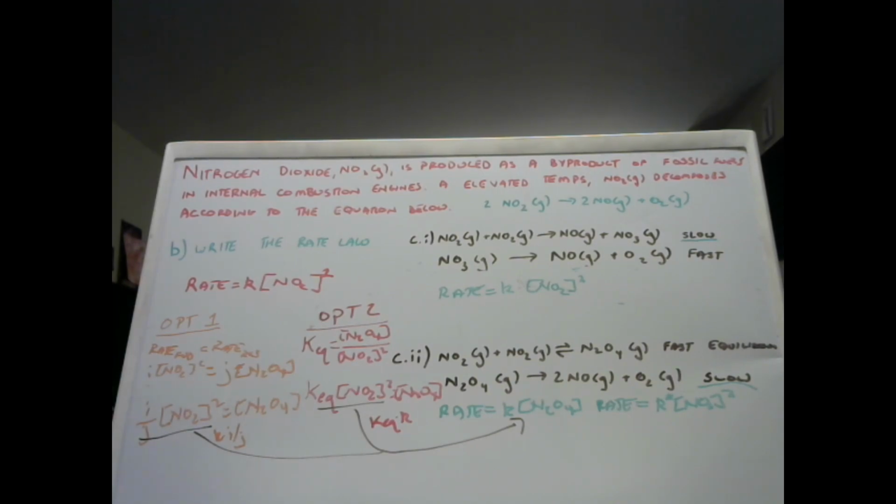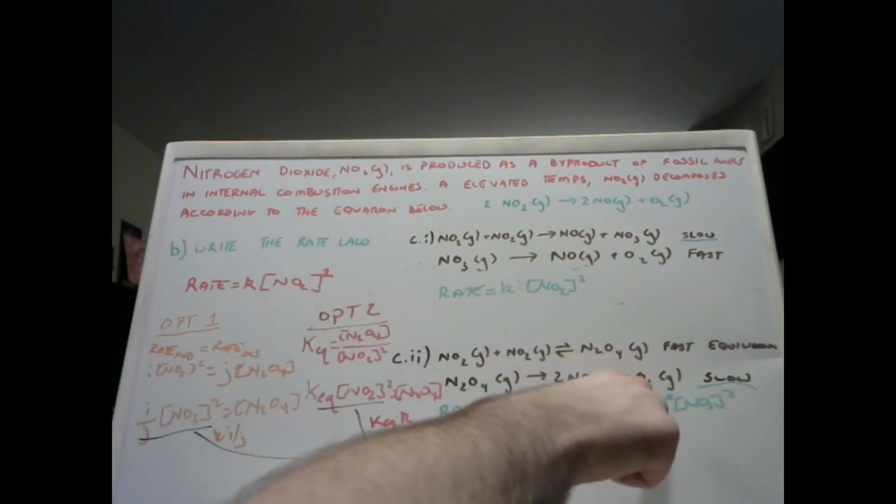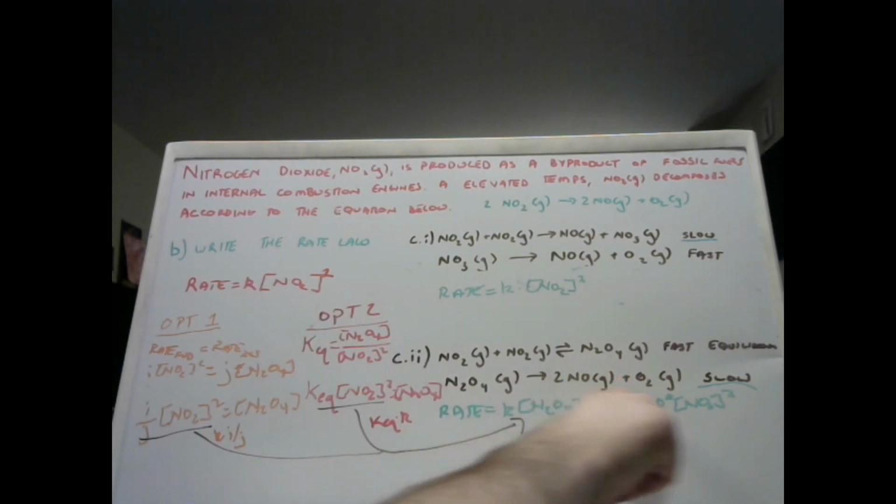These numbers are all constants. They're not changing. So when you multiply a bunch of constants together, you just get another constant. If I multiply k times Keq, I get a new constant. If I multiply k times i over j, I get another constant, which is what I symbolized over here with k star. This rate law is consistent.